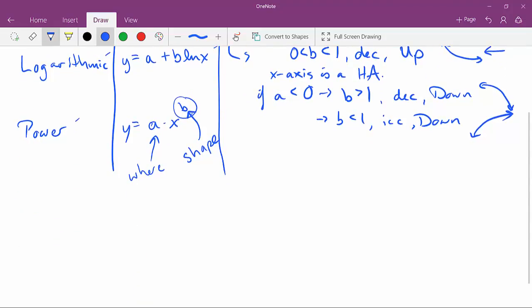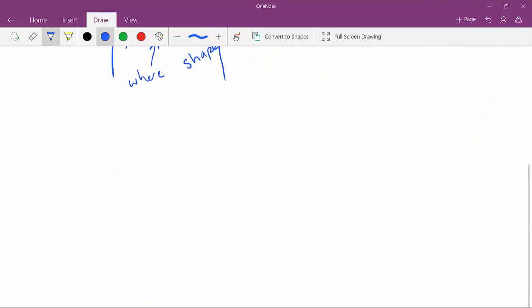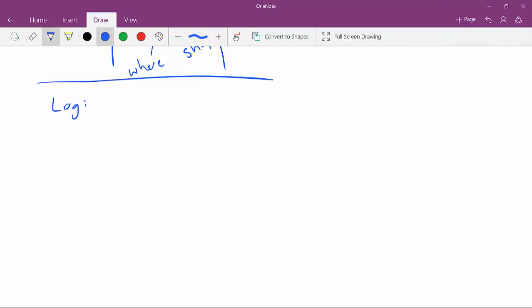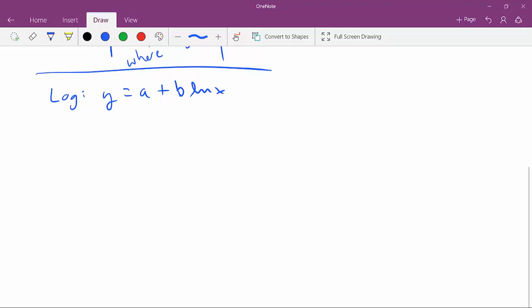For logarithmic and power models, our log model, y equals a plus b ln x. The basic log model, y equals ln x. We'll have a vertical asymptote of the y-axis. And it'll increase forever.